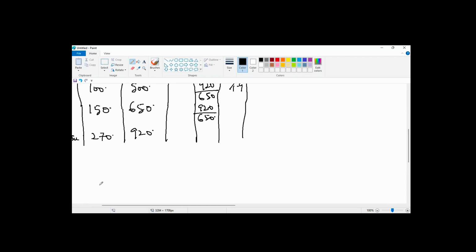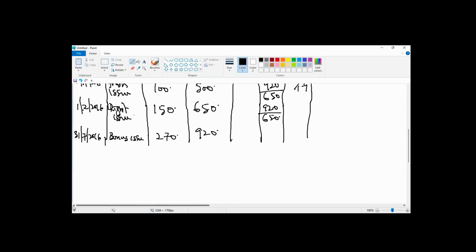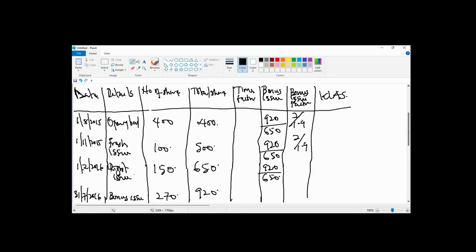I'll go to the time factor. From 1st of August to 1st of November is 3/12.